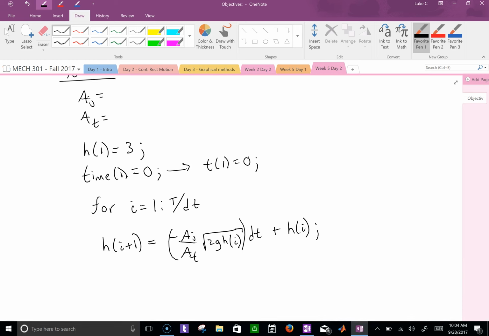So tell me how to write time. How would we write the line here to establish our next time? T of i equals 1. Keep going, not quite right.